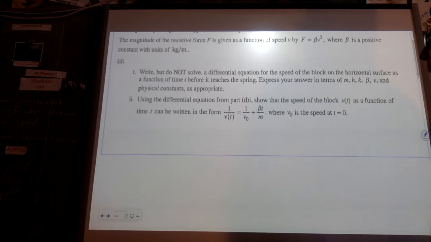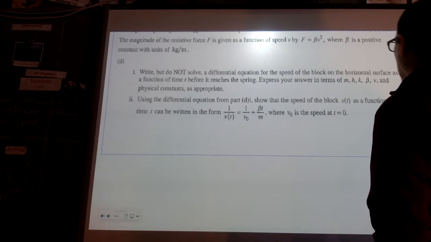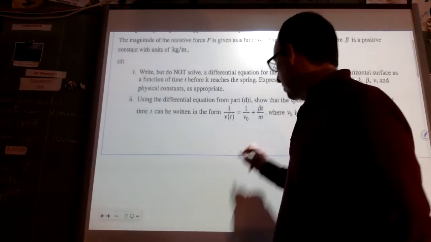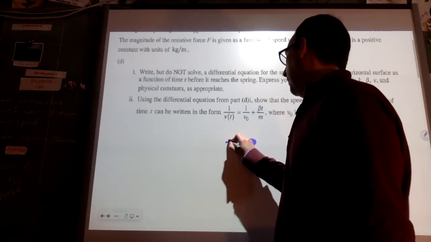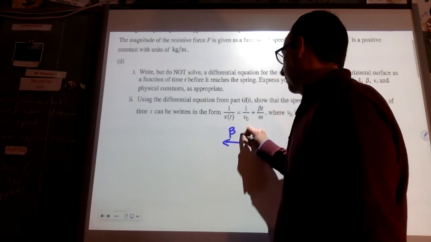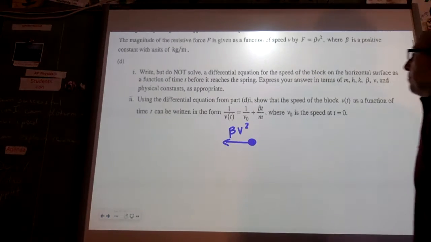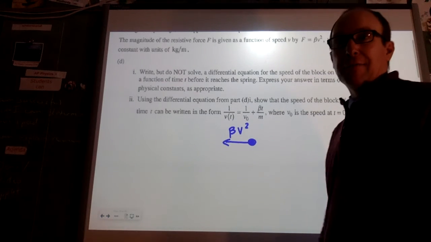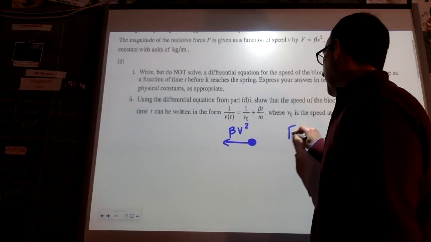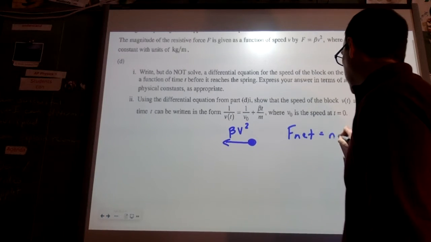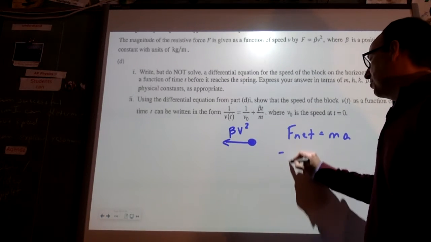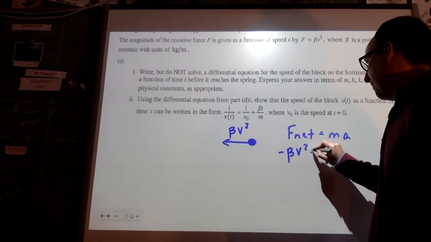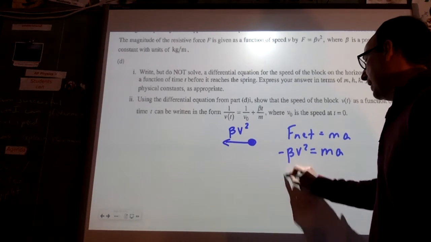But do not solve a differential equation for the speed of the block on the horizontal surface. So, on this horizontal surface, we have beta v squared. So I'm going to do that F net is equal to MA, and negative beta v squared is equal to MA.